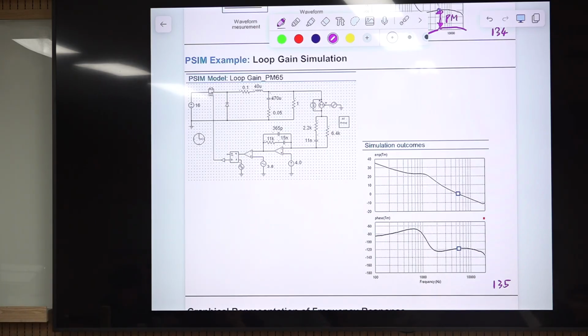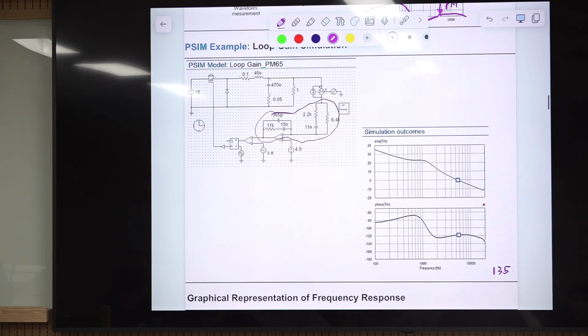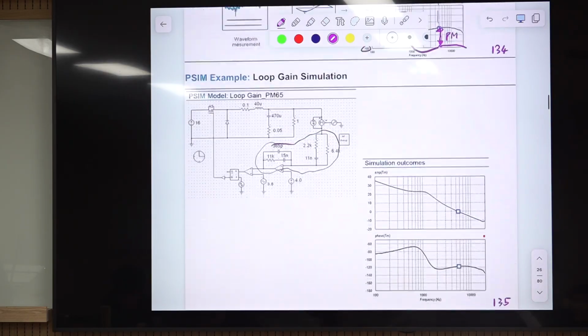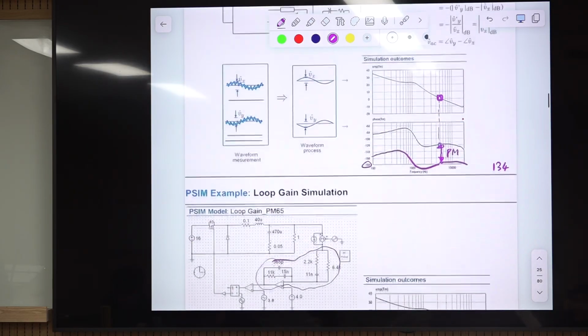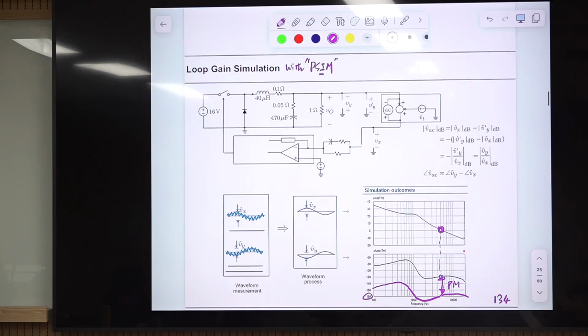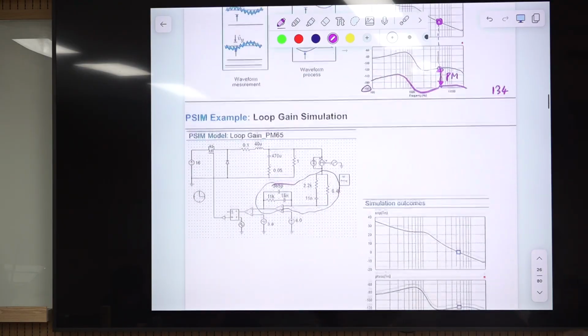So this is one case. You have this type of parameters for your 3-pole 2-zero compensation, and I have another that comes later. So this is an example, the same example.